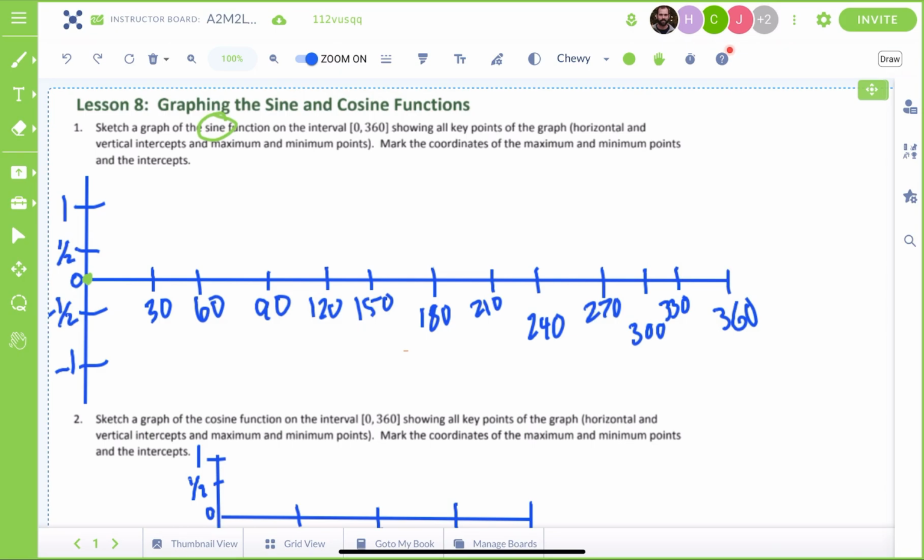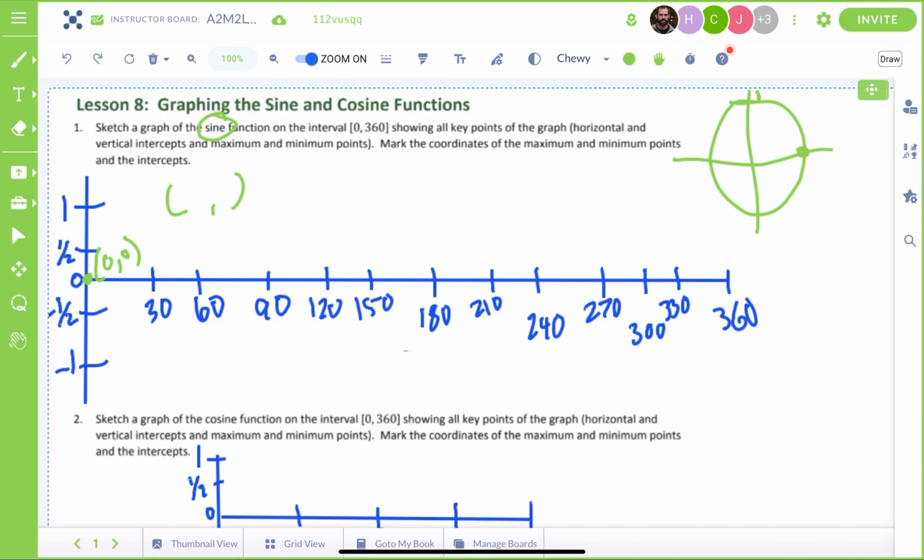So I wouldn't worry about plotting 30 and 60 right now. I would just jump all the way up to 90 degrees. This is going to be 0, 0. I'm going to plot it over here. What is the sine of 90 degrees? Well, on a unit circle, we know that at 0 this is 0, and at 90 degrees this is 1.